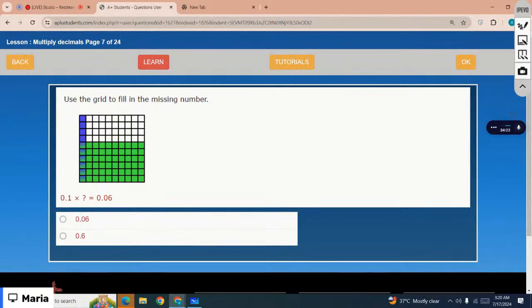Okay, 0.1 times the missing number is 0.06. So which number is missing?